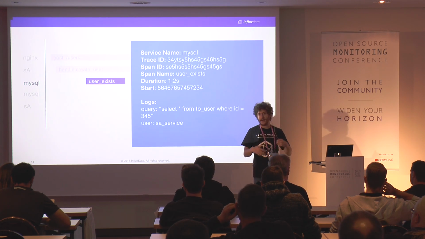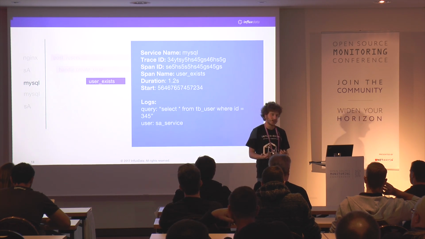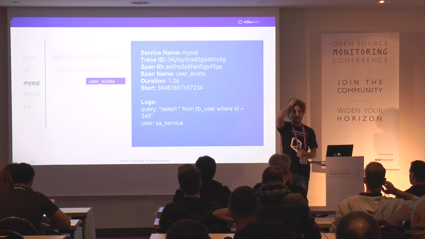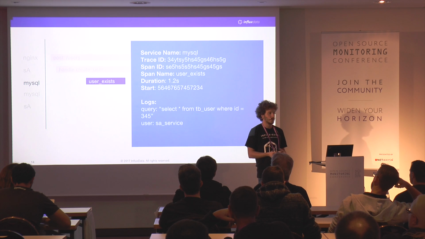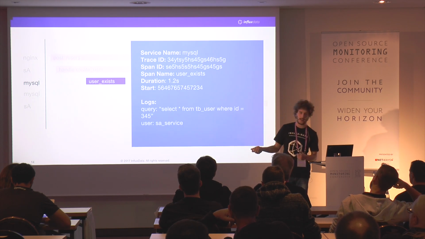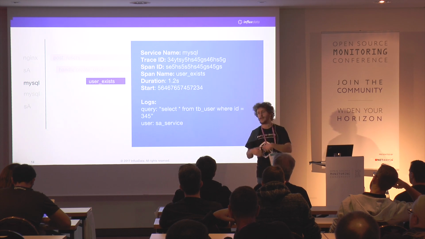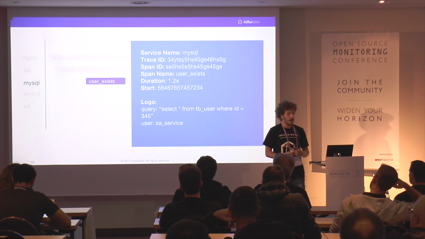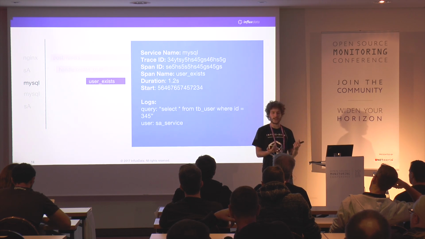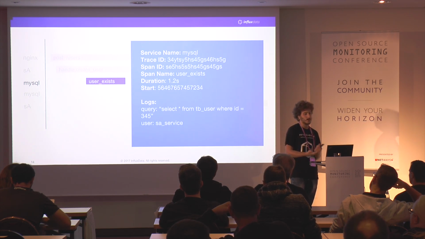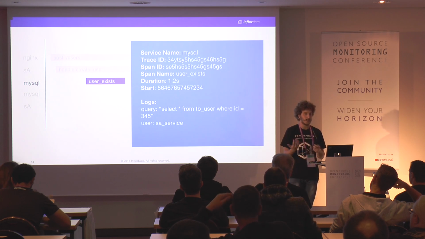As I told you, there are labels and times and duration. So what you get in a span is the service name, so the service that generated the span. You have the trace ID, that is a unique value, and you have a span ID that is unique inside the trace ID. And you have the span name, so user exists. You have the duration, so how long it took, and the start time.